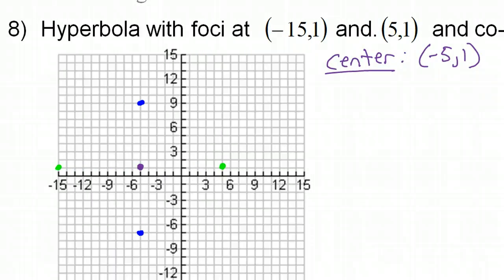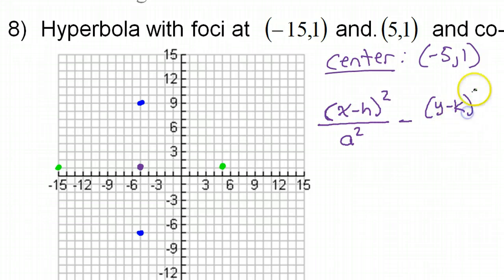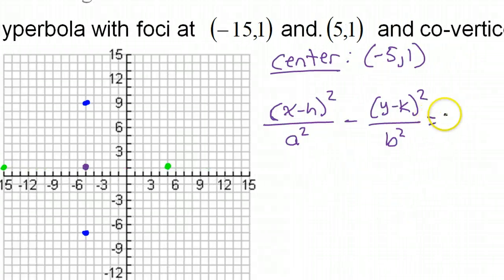Now this is a hyperbola. Now because the foci are going left and right, I know that this is a sideways hyperbola. That tells me that the x term should be first. So this is going to be of the form x minus h squared over a squared, minus y minus k squared over b squared equals 1.